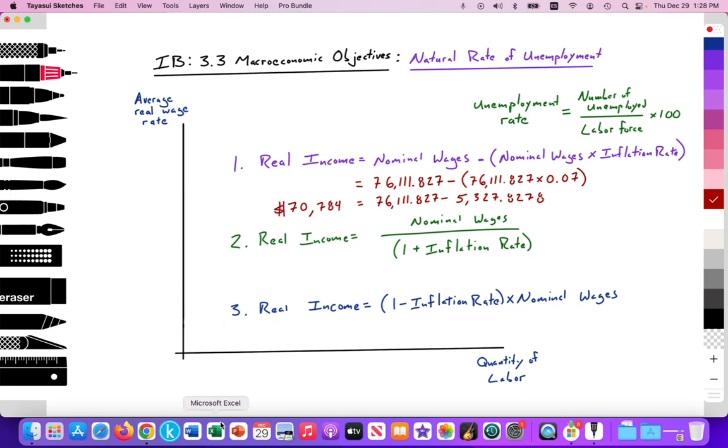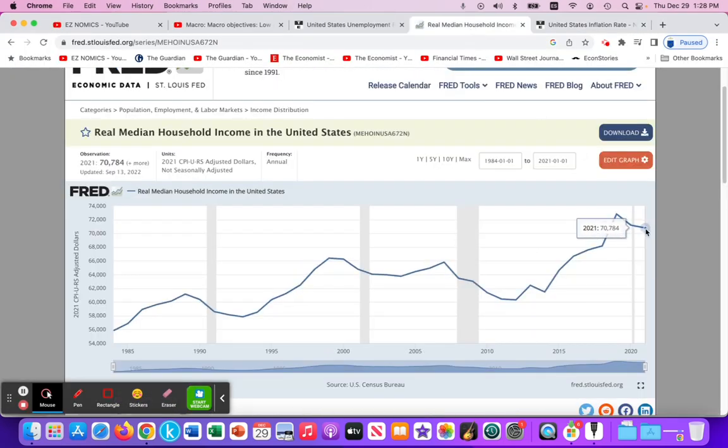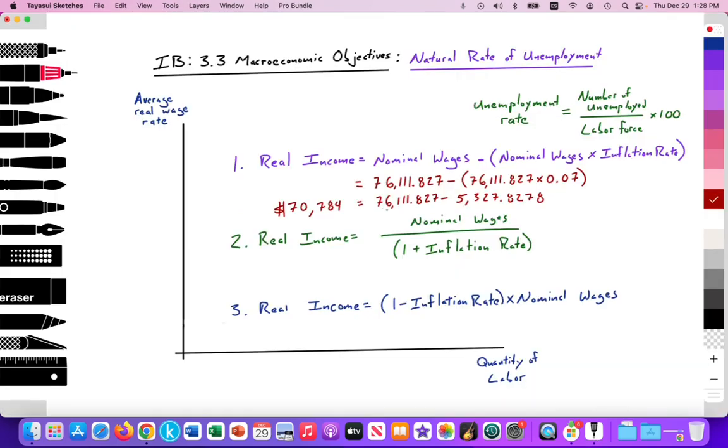So that's what we saw here. In 2021, 70,784. If the nominal wage was 76,000 with an inflation rate of 7%, the real income would be 70,784. So that's one way of calculating it.